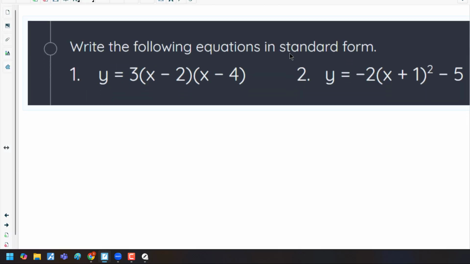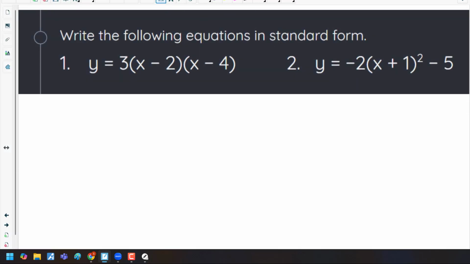Okay. In this question, we're asked to write the following equations in standard form. If you've forgotten from previous lessons, standard form is y is equal to ax squared plus bx plus c. All you need to do is expand and multiply everything.